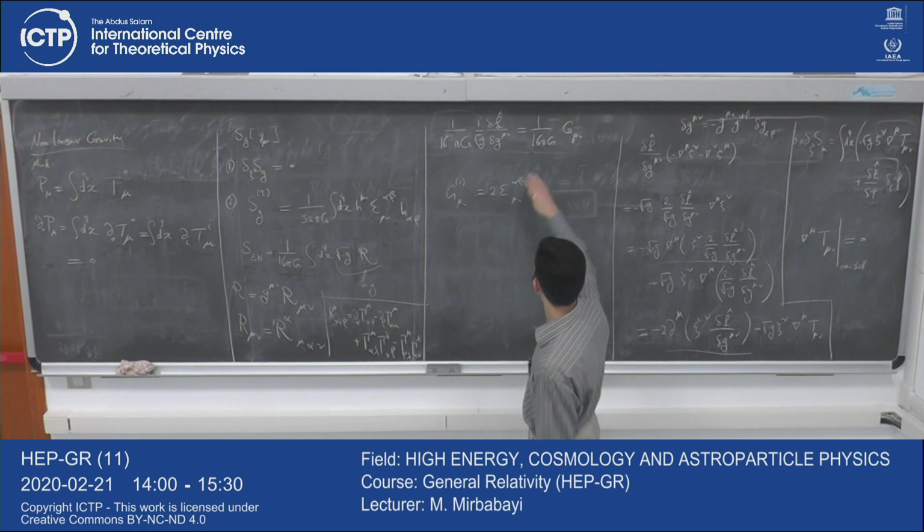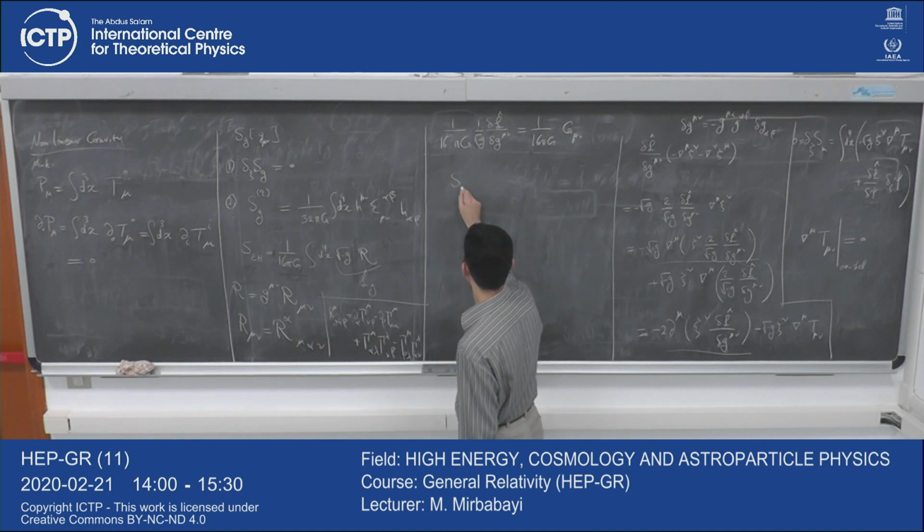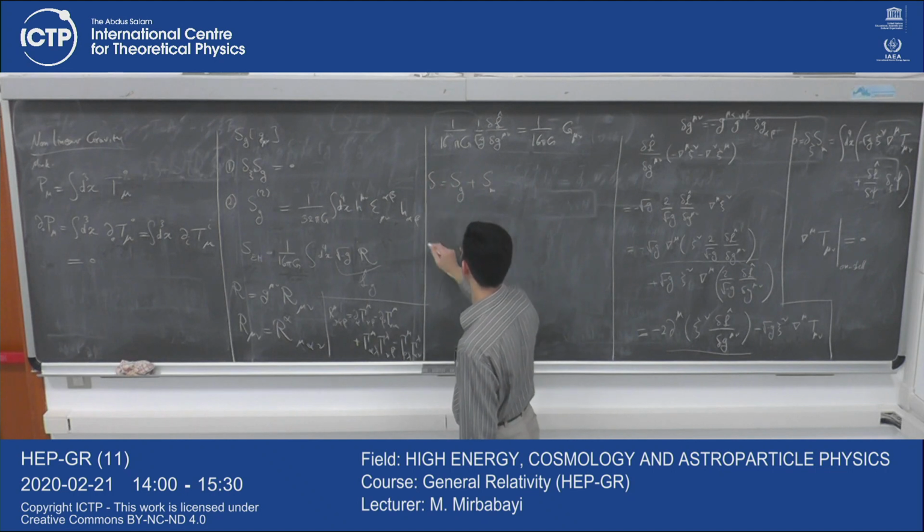And so if I take this action and derive the equation of motion from it, let's add now the full thing. We have S gravitation plus S matter. This is the total action.